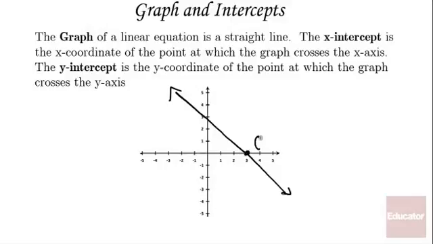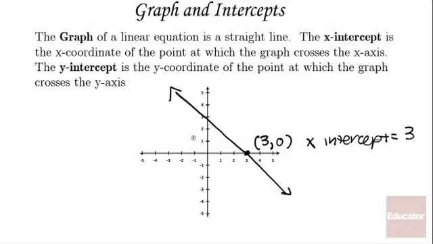My coordinate here is going to be 3, 0. In this case, the x-intercept equals 3. So this is the point at which the graph intercepts or intersects with the x-axis. And with the x-intercept, y is always going to equal 0.